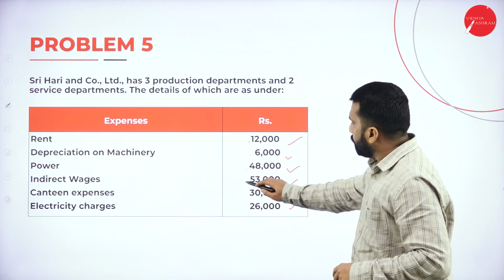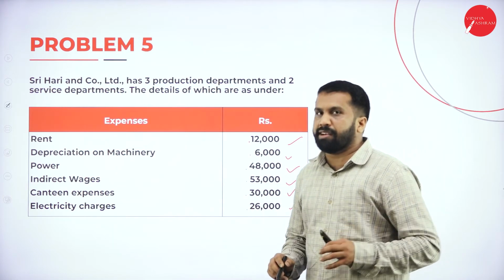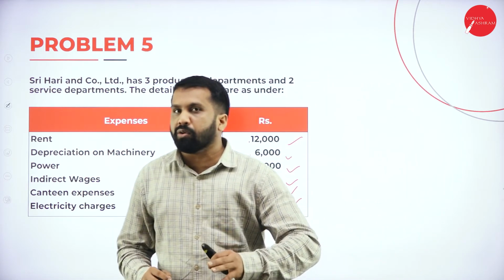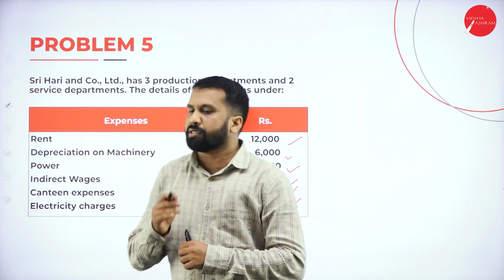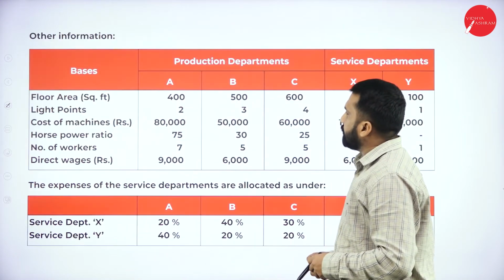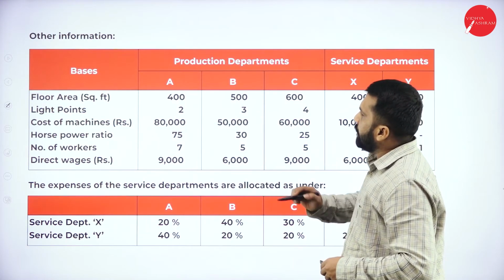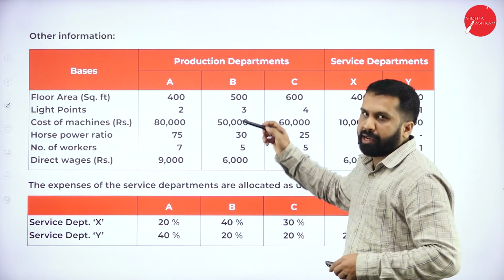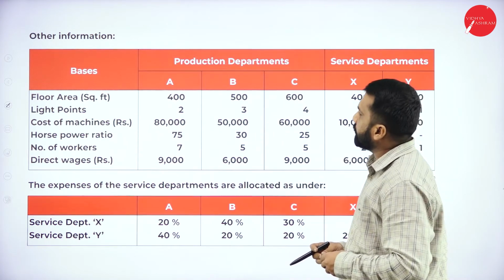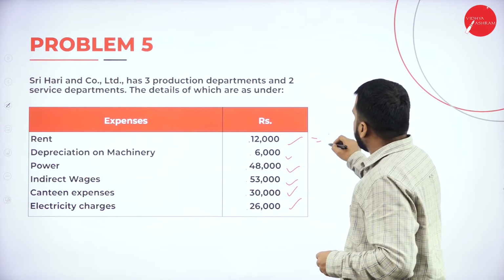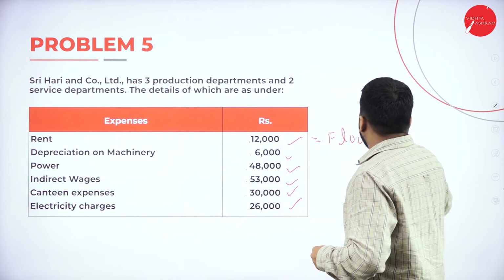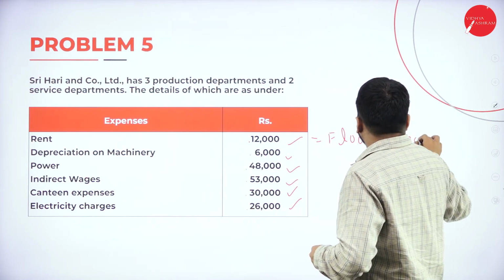1, 2, 3, 4, 5, 6. Total how many expenses do we have? We have a total of 6 expenditures. Now, out of this, these are the bases of information we have to compare with. Rent comes under floor area.